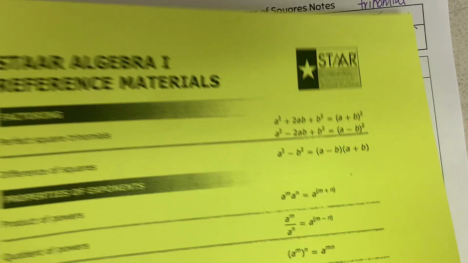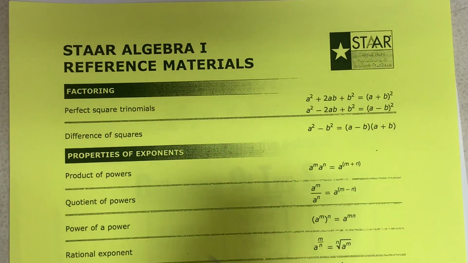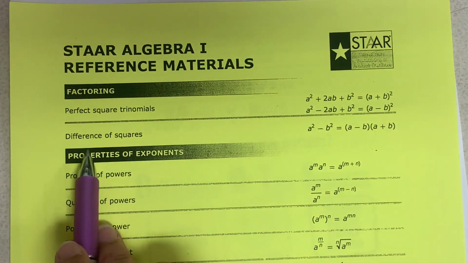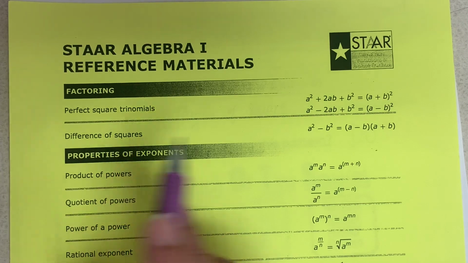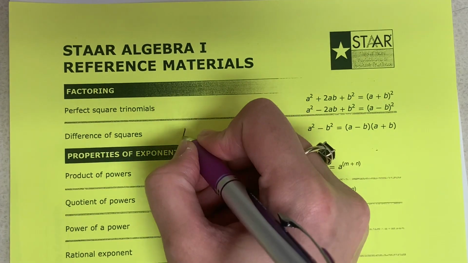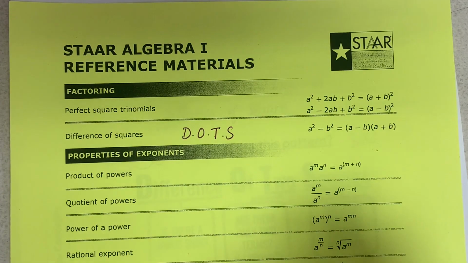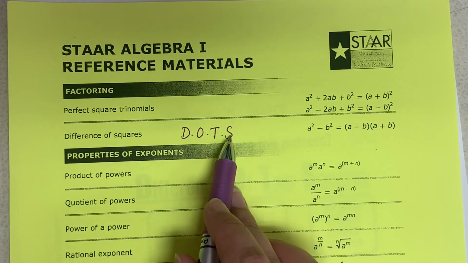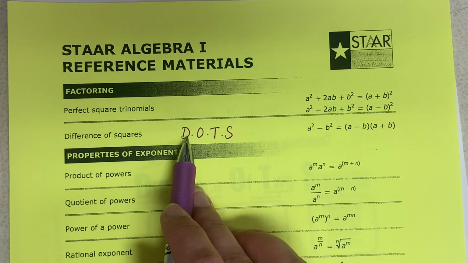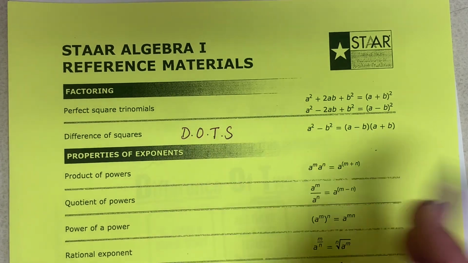One good thing is you do not have to memorize this, because in your reference chart you have difference of squares given over here. I'm just going to write DOTS, so I will remember it's the difference of two perfect squares.